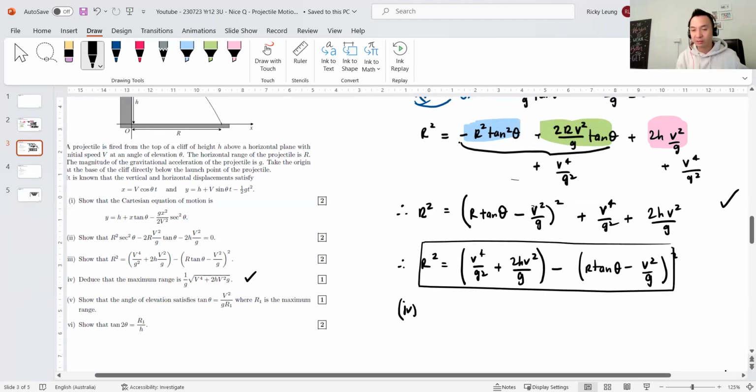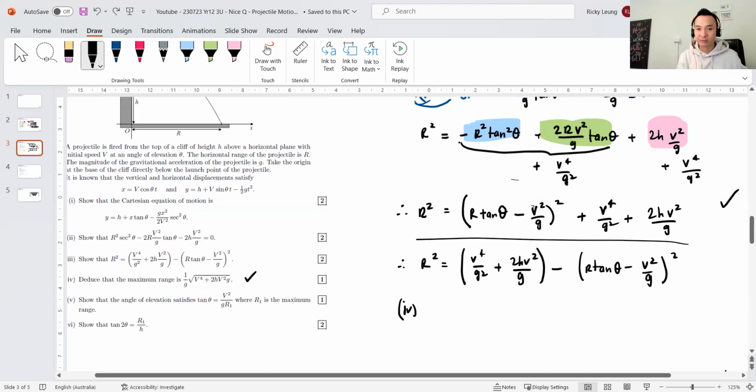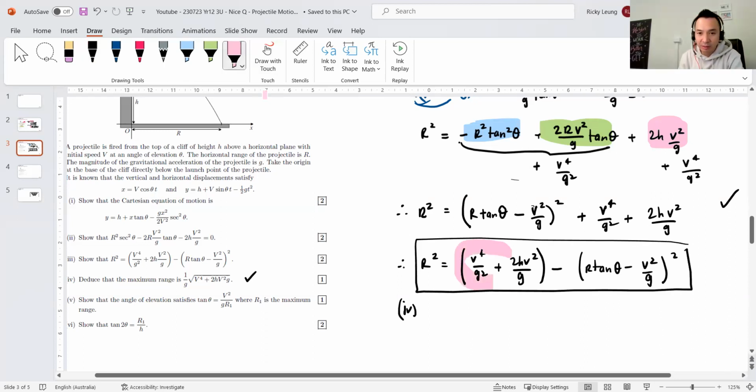And if I take something and I subtract something else, then the maximum this guy can be is when this guy is 0. So when this guy is 0, I get the maximum, and the maximum is this. Does that make sense?